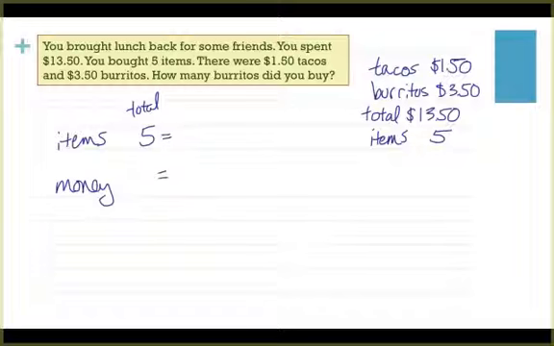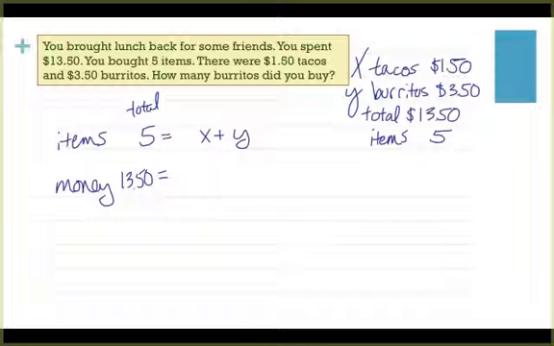And money, we know we have a total of $13.50. Our items add up to 5, and I'm just going to call them X and Y. But now it's super important that I know which is which. I'm going to use X for tacos and Y for burritos.